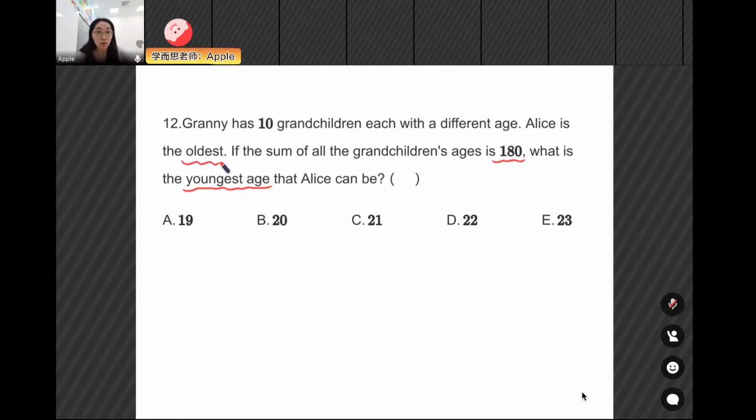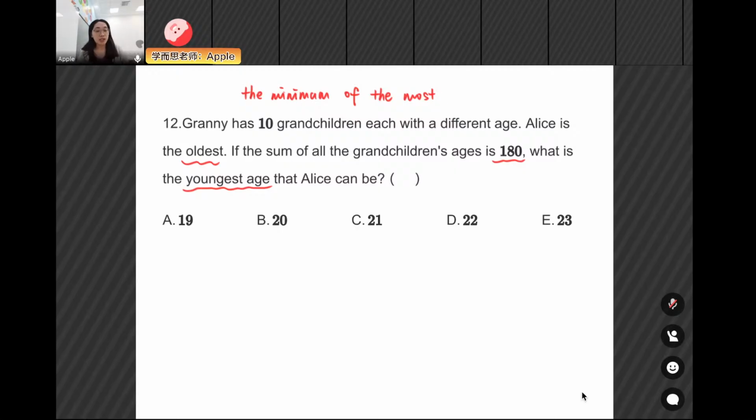Alice is the oldest one, and you try to figure out what is the youngest age of the oldest child. So actually the question is asking you, what is the minimum of the maximum, right? Okay.